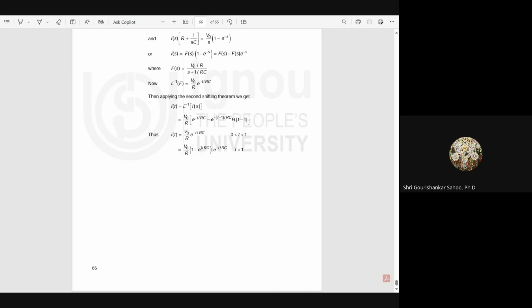Then the next part is partial differential equations and special functions. This is your block 1.